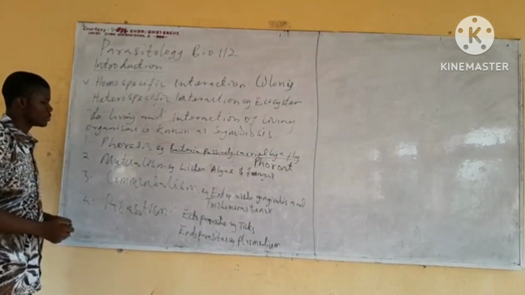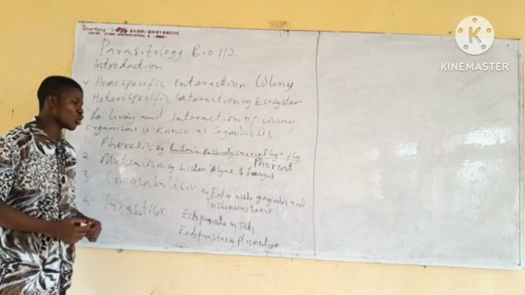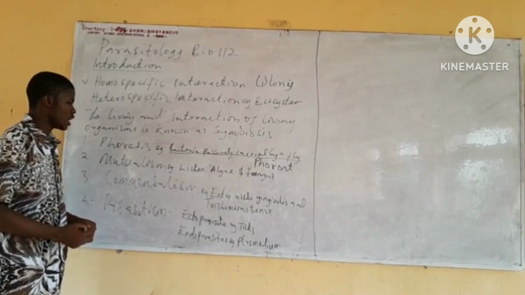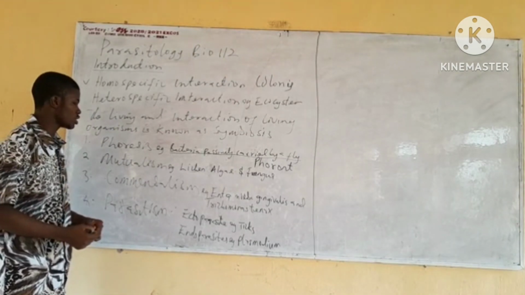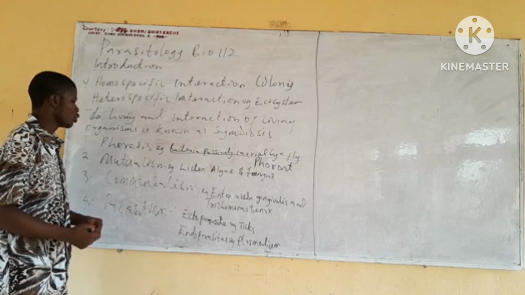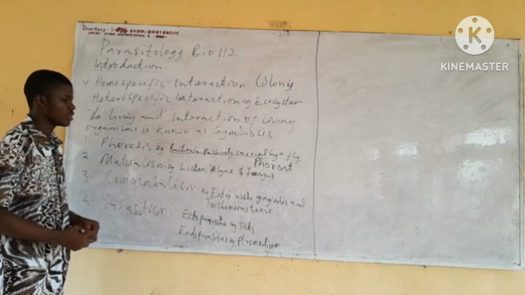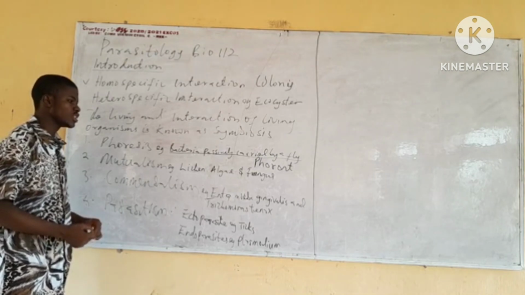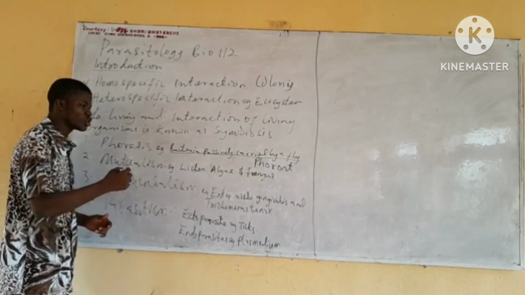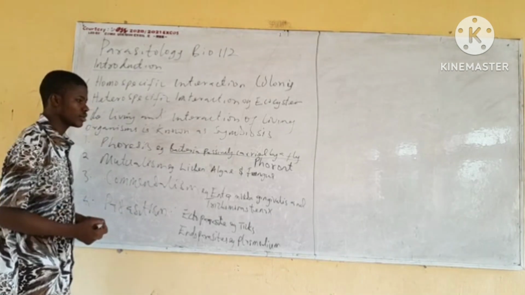For mutualism, it's an interaction amongst two organisms, known as the mutualists, who both interact and benefit from each other. And note also that they benefit from each other and can neither exist without each other.